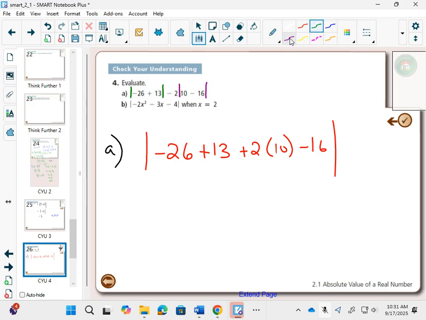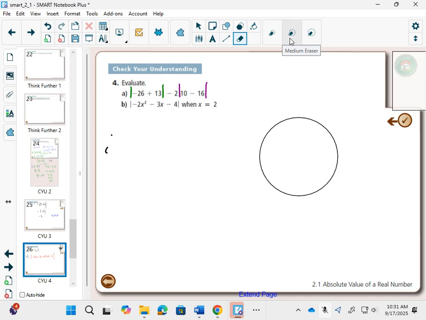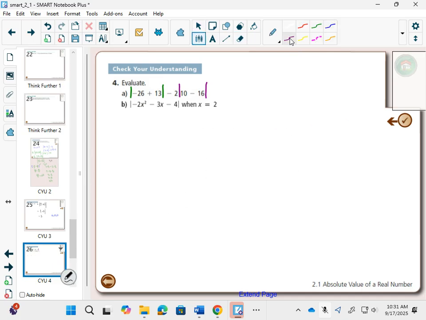So instead, we have to do our order of operations, and we think of absolute value bars as brackets. So I need to do what's inside the green brackets first, and what's inside the purple absolute values. I would still have this minus 2.